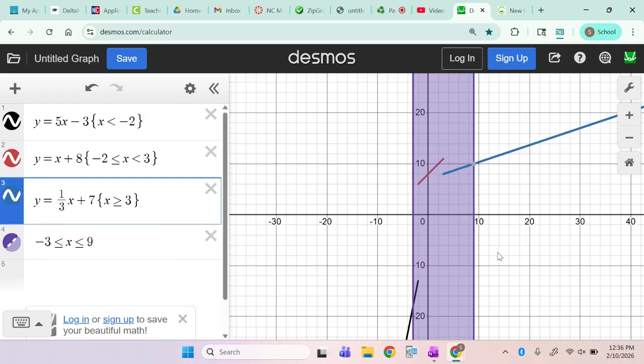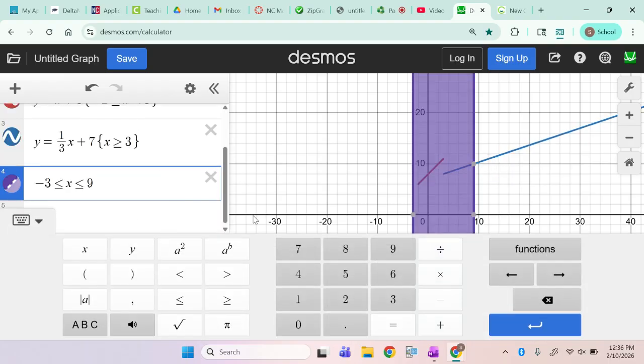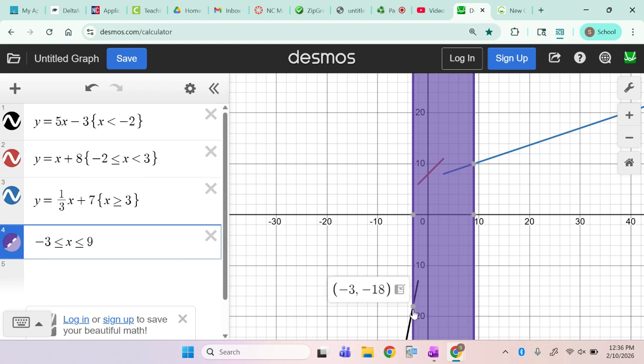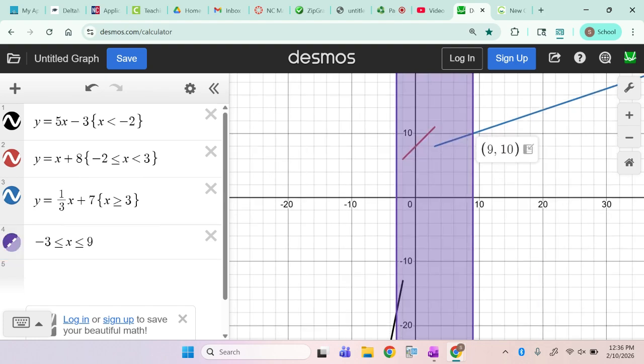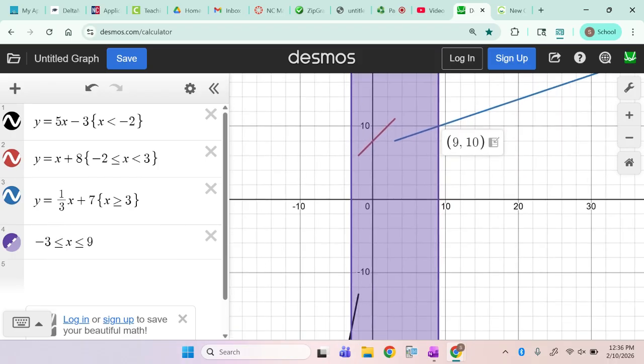Now, using the intercepts, if you've noticed, there's a lot of intercepts in this class. All right. So, using the intercepts, so here to here, you can also just do rise over run and count it on the graph.